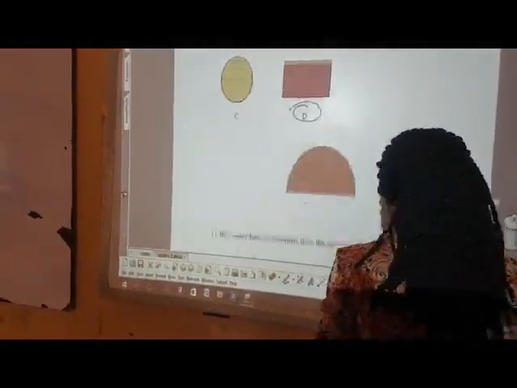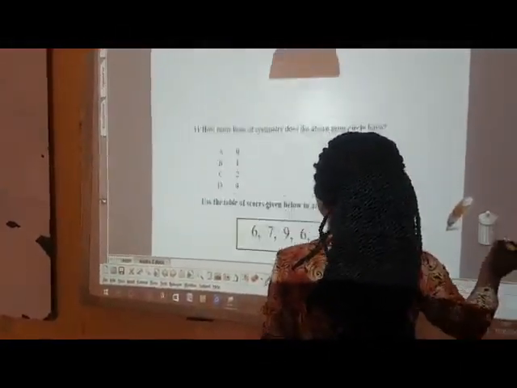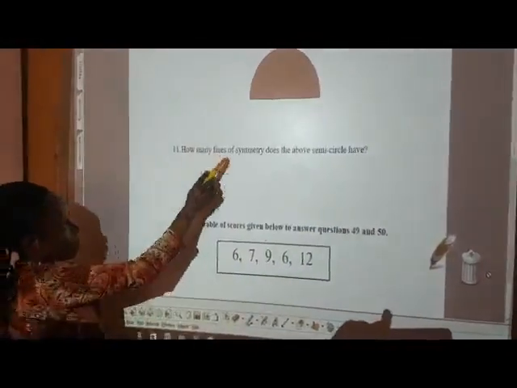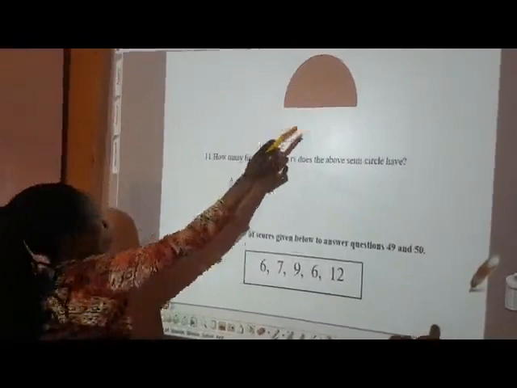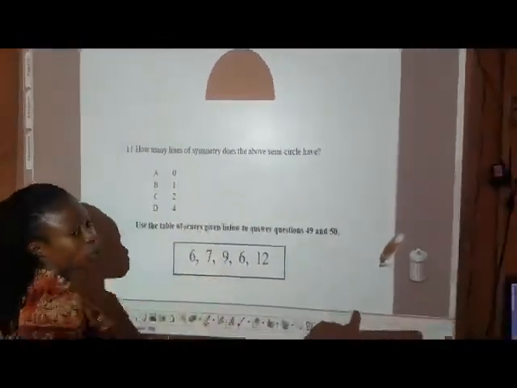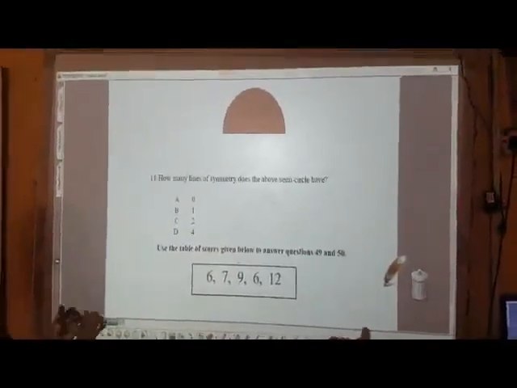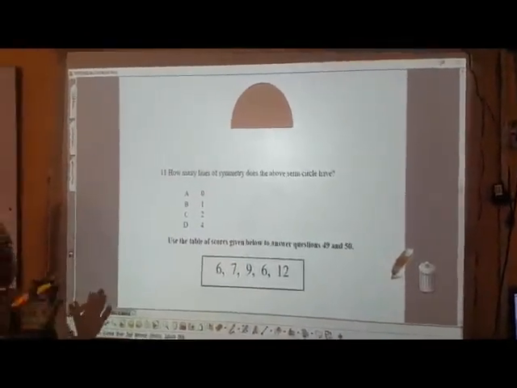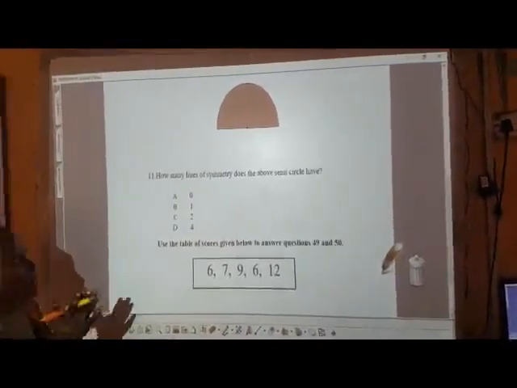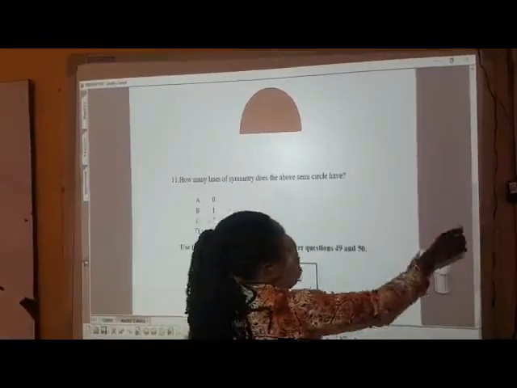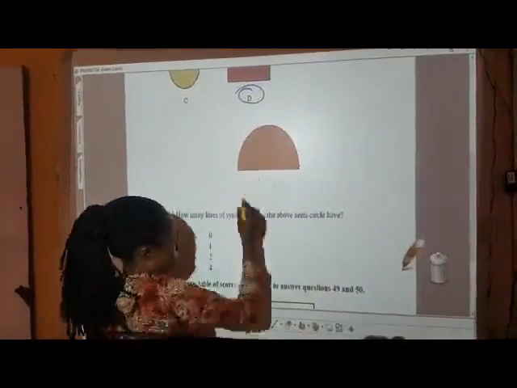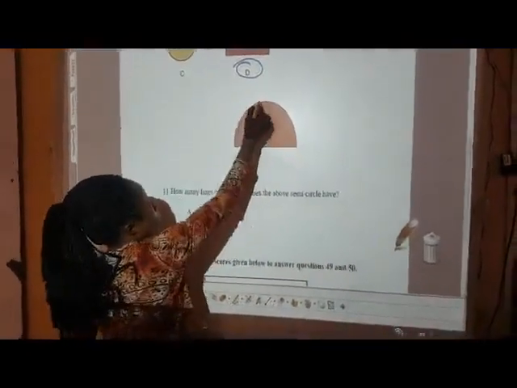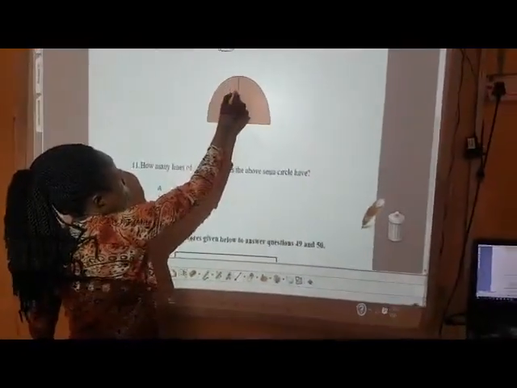Question number 11. How many lines of symmetry does the above semicircle have? This is the semicircle. A line of symmetry is a line that will cut the shape into two equal parts. From this shape, you can draw a straight line like this.